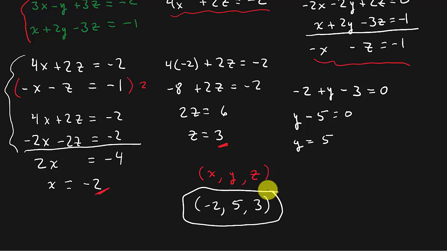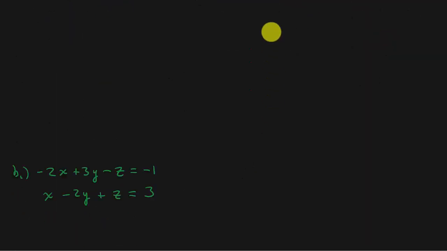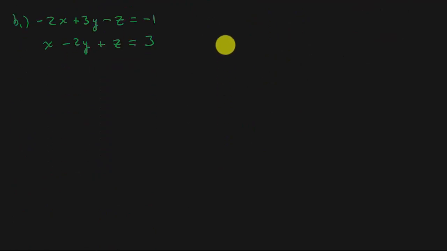All right. So what about this one? Let's look at our next one. So I've got this. Well, you can see here, I can't do like I did in the previous problem, can I?